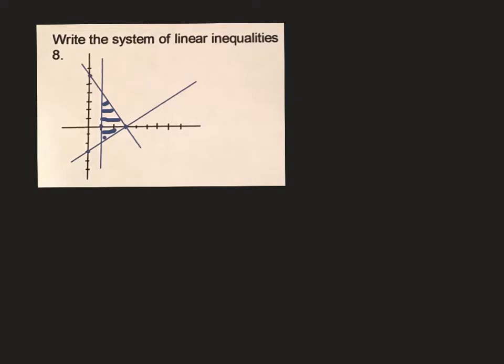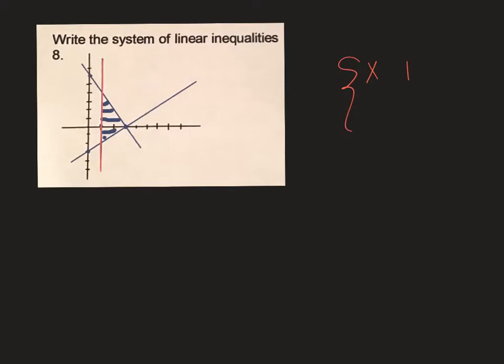So we have a vertical line right here that goes through 1 on the x-axis. So right off the bat, we know that it's going to be x, whatever our inequality is, 1. Now we're shading to the right of that.